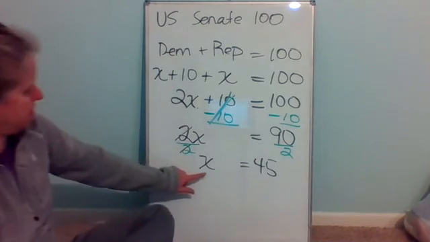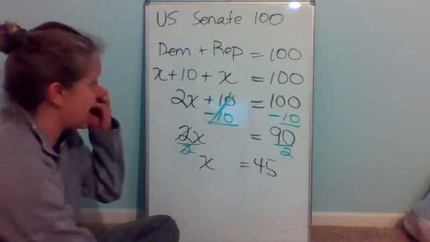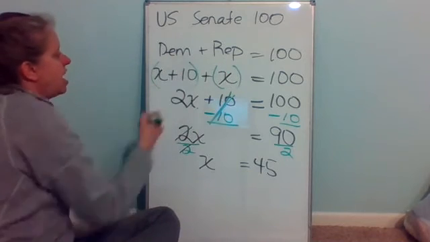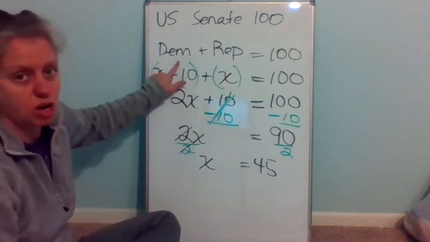So what is this telling me? If x is 45, remember who x was. X was our Republicans, and x plus 10 were our Democrats.